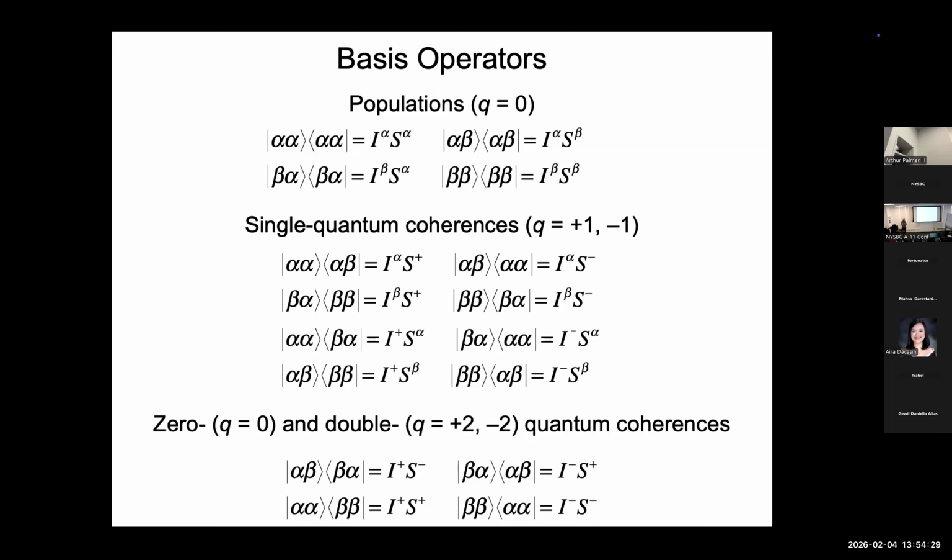Later on, when we talk about phase cycling, we ask how an operator responds to a rotation around Z. And the zero quantum operators and the longitudinal operators all behave the same for a rotation around Z. The longitudinal ones don't know about rotations around Z, but for the zero quantum ones, this operator is going to rotate clockwise, and this one is going to rotate counterclockwise, with a net of 0. So you can't tell by phase cycling.